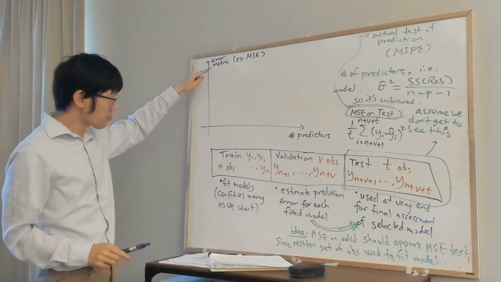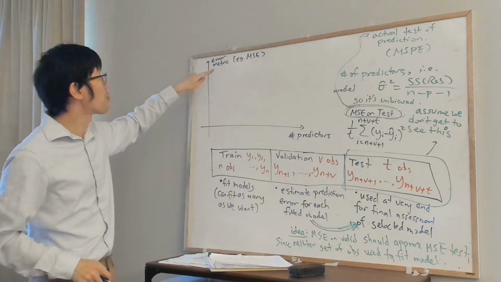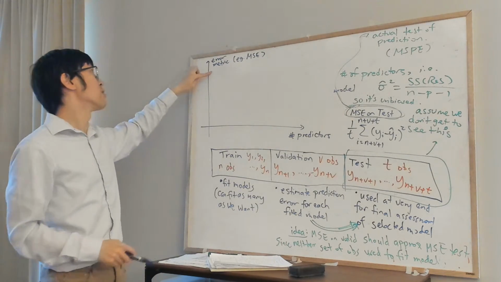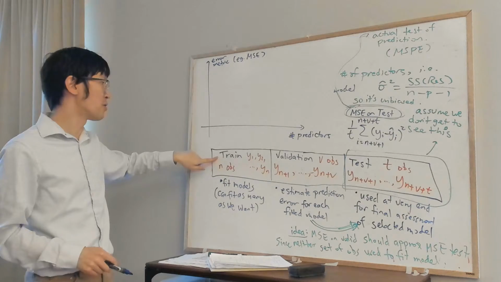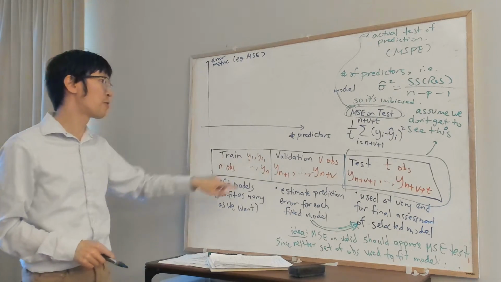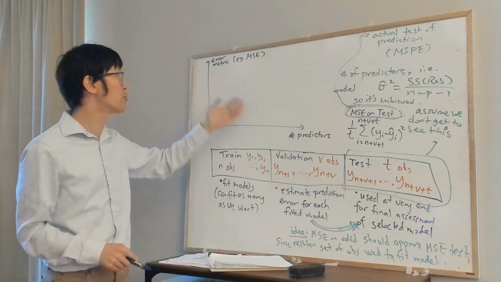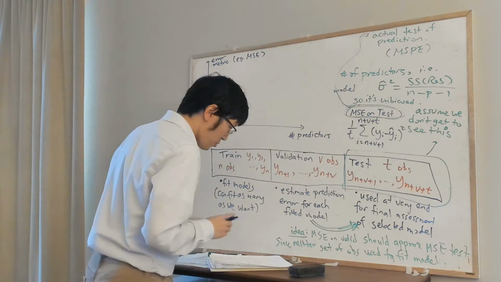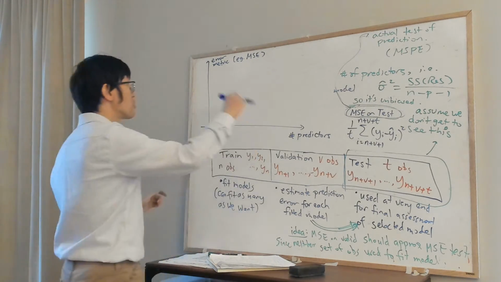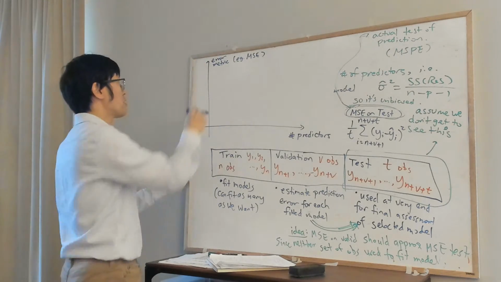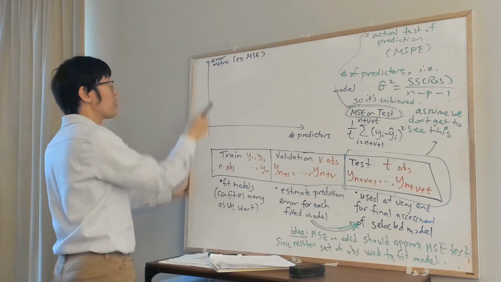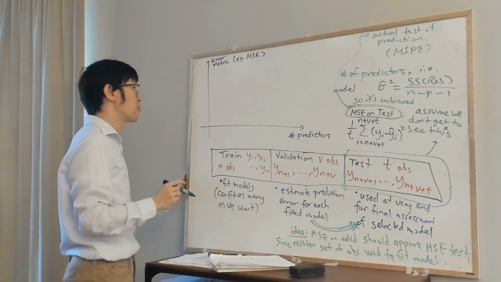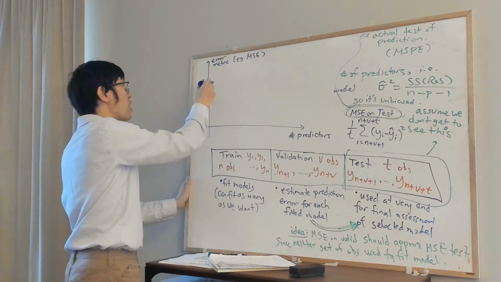The question is, what happens when you start to put in the relevant predictors? Then the error metric, whether you're talking about the mean square error on your training data or on your validation data, will tend to go down as you start to put the relevant predictors in the model. To visualize this, let's plot a curve for the error metric, for example, mean square error calculated on our training sample.